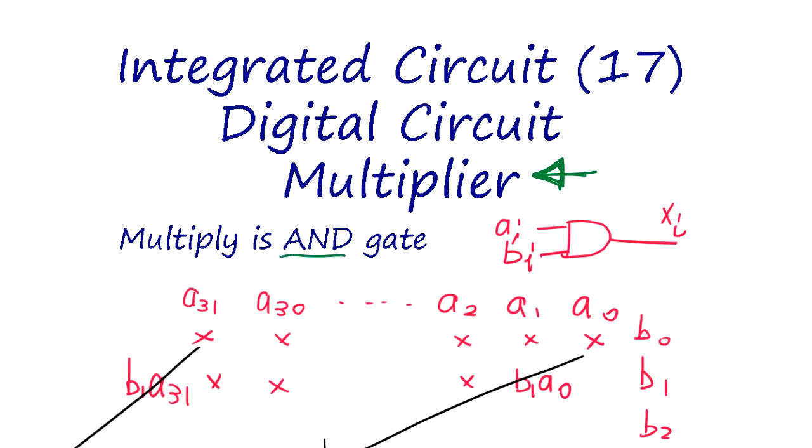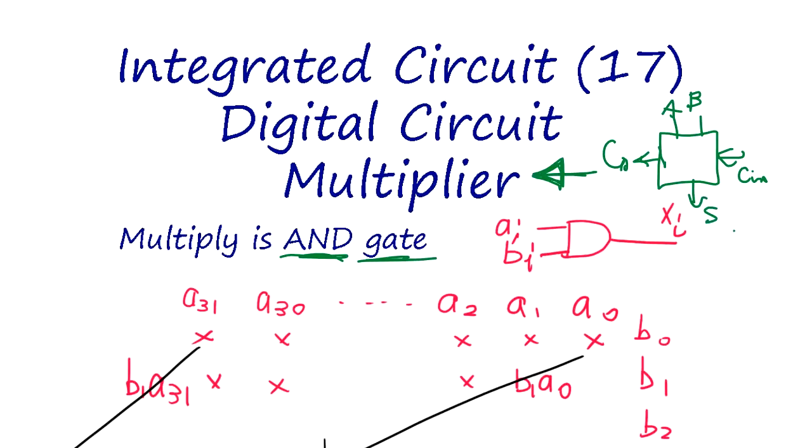The multiplier is basically AND gates, but you also have a full adder, with carry in, A, B, and carry out and sum.